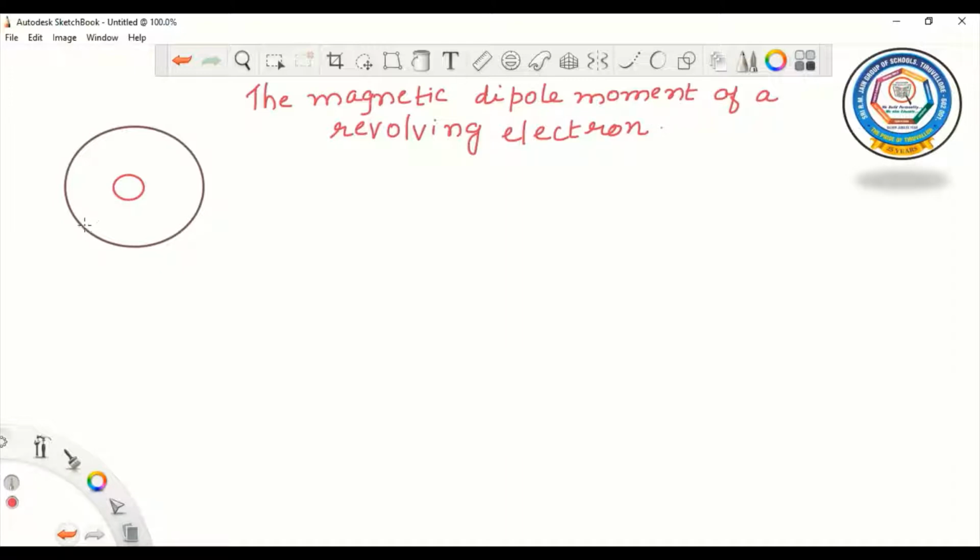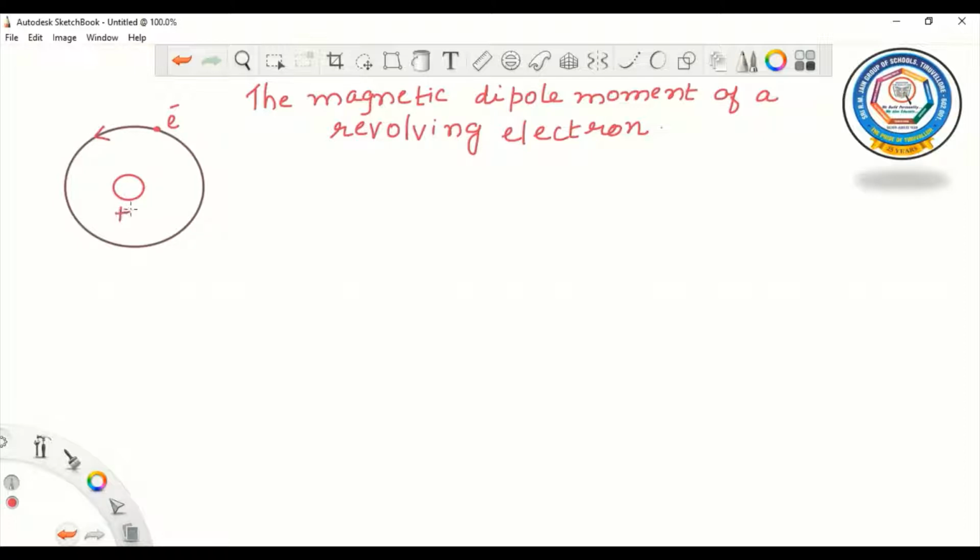According to the Bohr model, the electron, which carries negative charge, revolves around the positively charged nucleus.